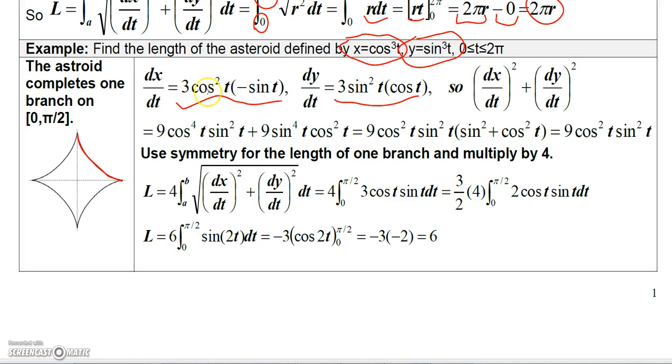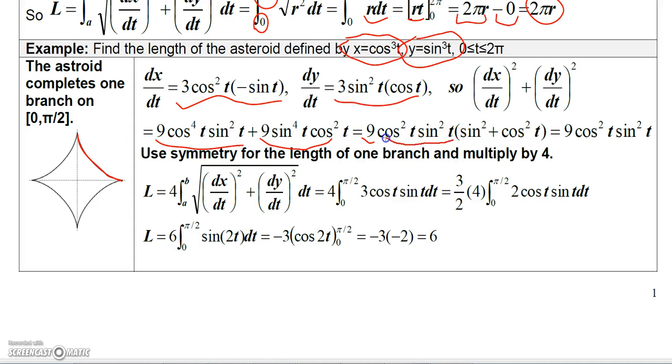So if I square this, I actually get 9 cosine fourth t sine squared t. And then if I square this, I get 9 sine fourth t cosine squared t. And now I can factor a 9 out of each of these terms. And I can also factor out a cosine squared t and a sine squared t out of each term.